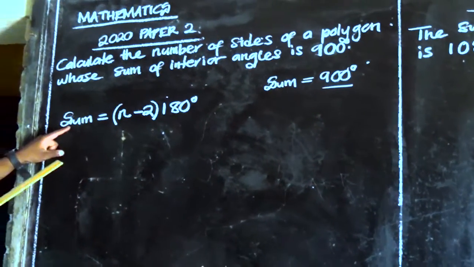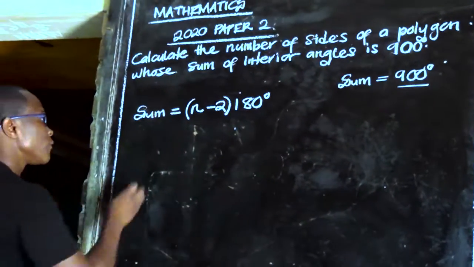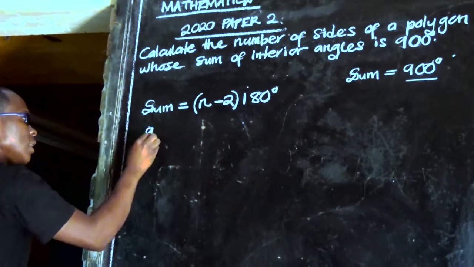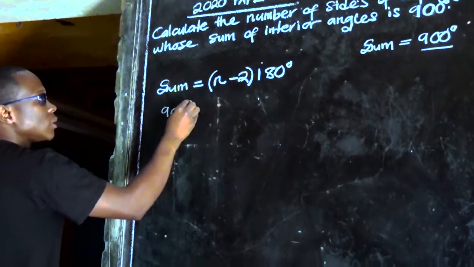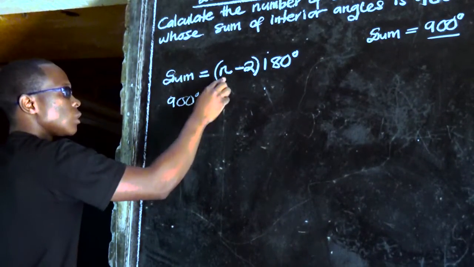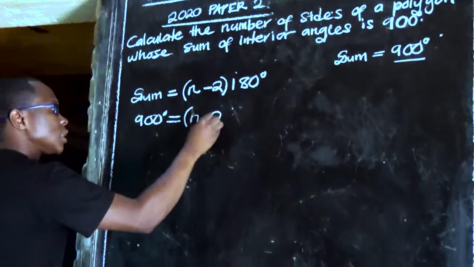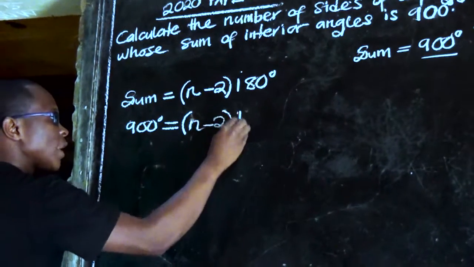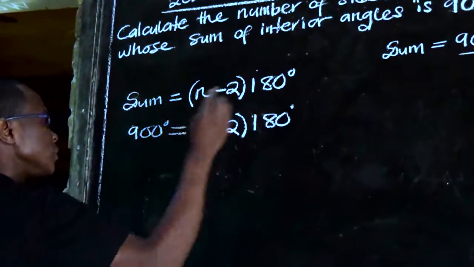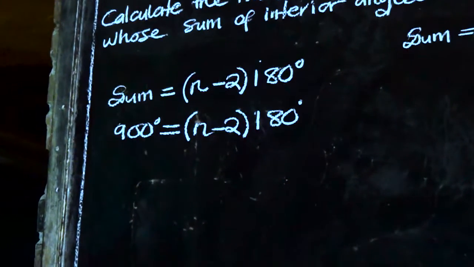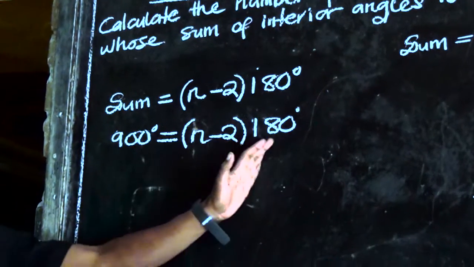Now the sum we have been given is 900. So where we have sum, we put 900 degrees is equal to, we want n, so n minus 2 multiplied by 180 degrees. Are we together? Yes. So in this case, we need to get rid of the brackets this side.